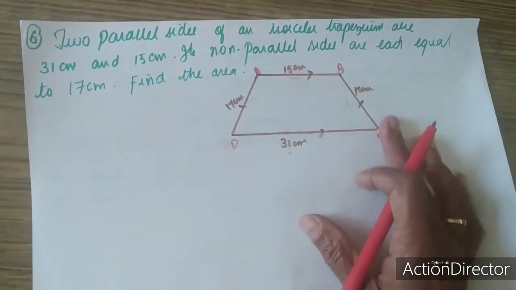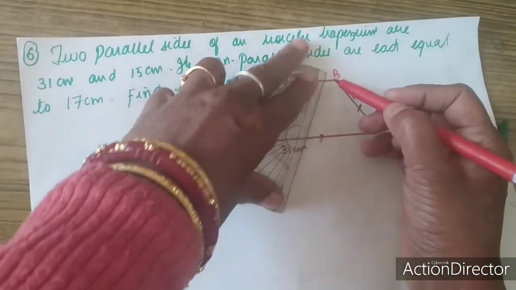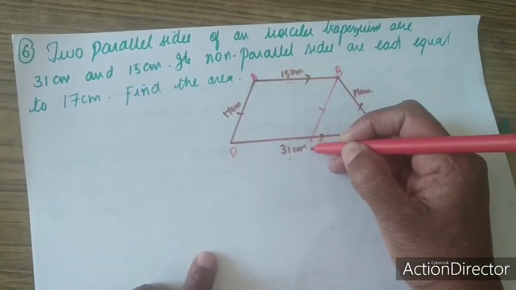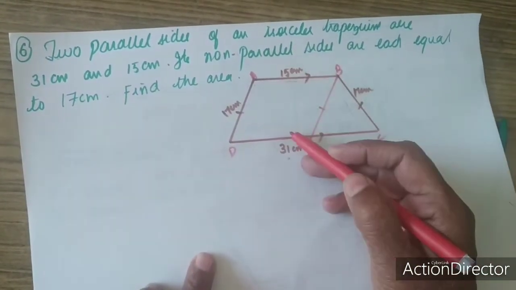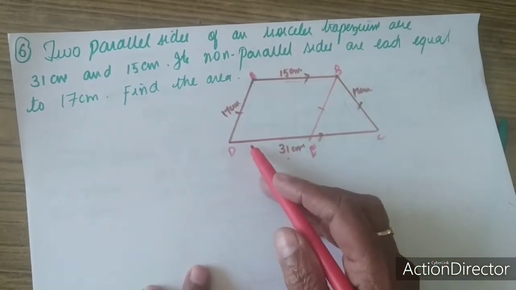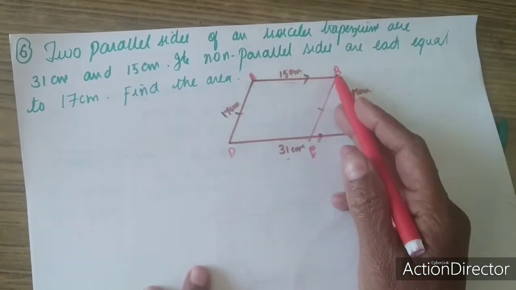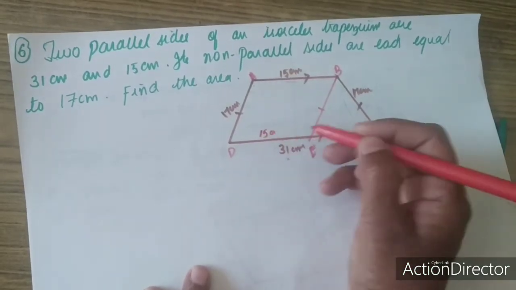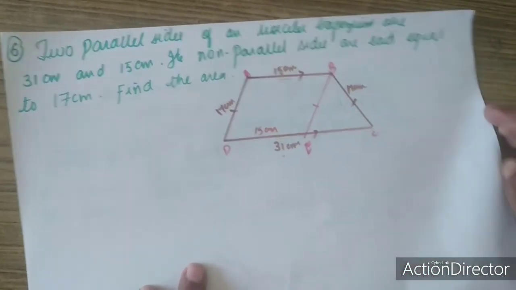We are going to draw BE parallel to AD. Therefore it becomes a parallelogram. ABED is a parallelogram. So AB will be equal to ED, which is also equal to 15 centimeter.